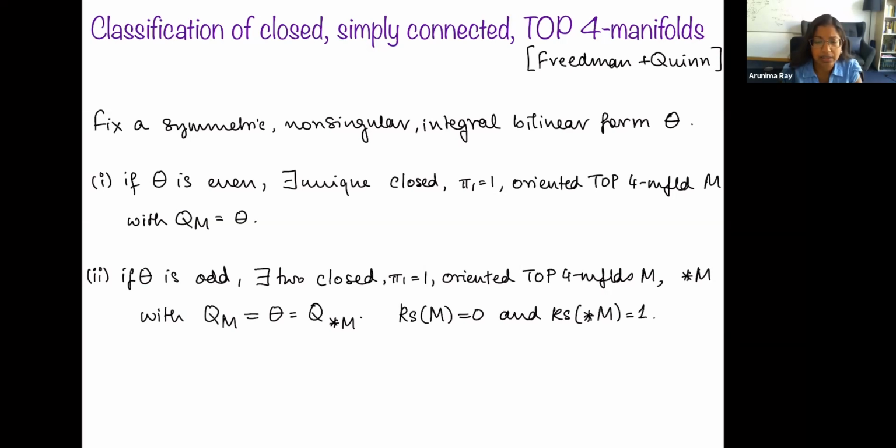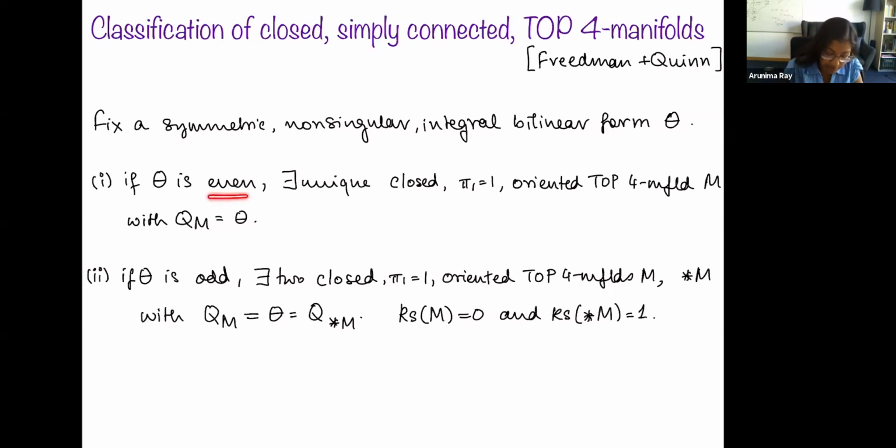Andras mentioned this in his first talk to us, and throughout his series. This statement says that if you have an intersection form, so a symmetric non-singular integer bilinear form, maybe represented by a square matrix, depending on the parity of that form, there are precisely one or two homeomorphism classes of four manifolds representing it, closed, simply connected, oriented.